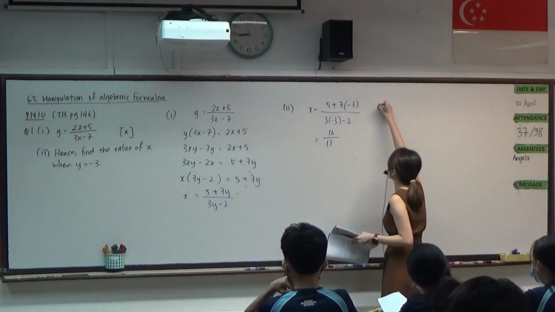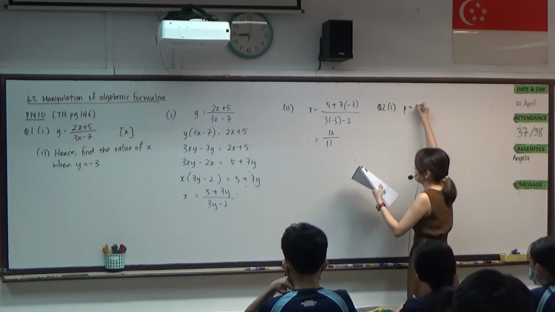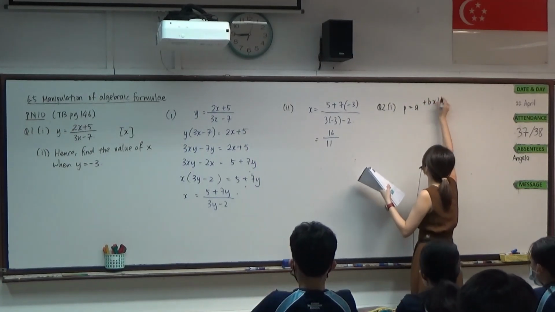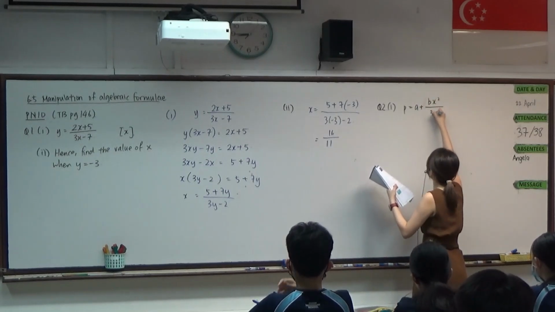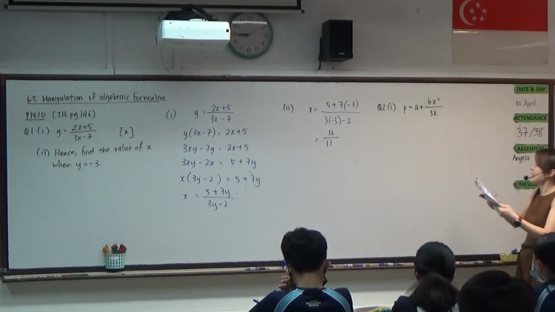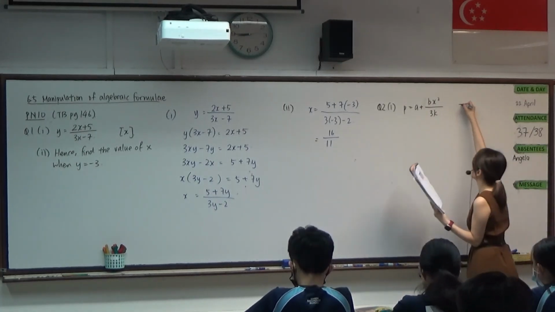We next take a look at question 2. We are given this formula: P equals a plus bx squared over 3k, and we want k to be the subject.